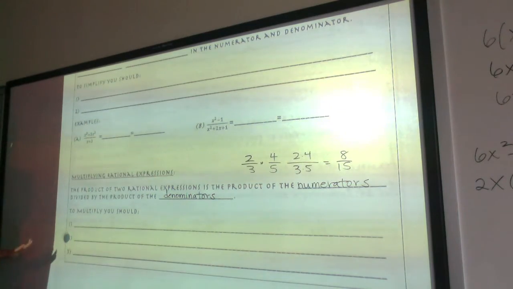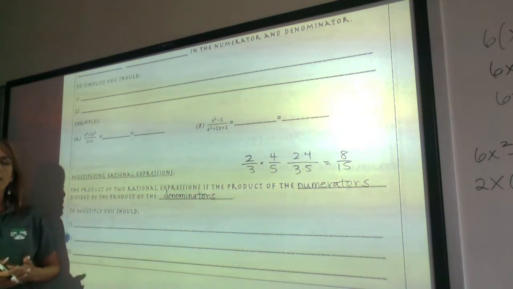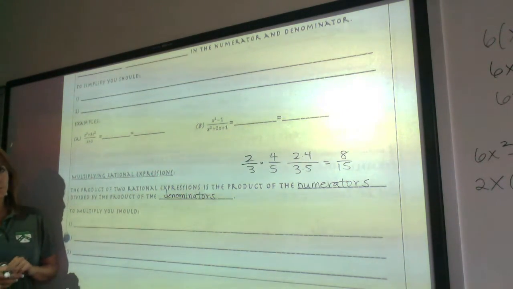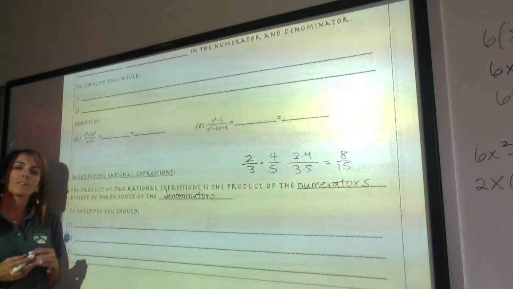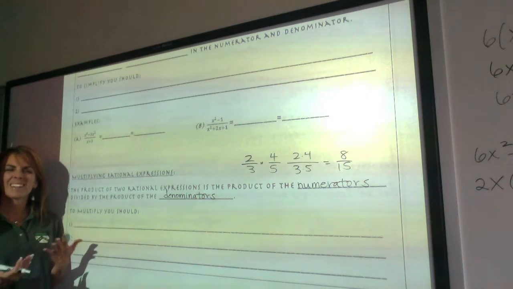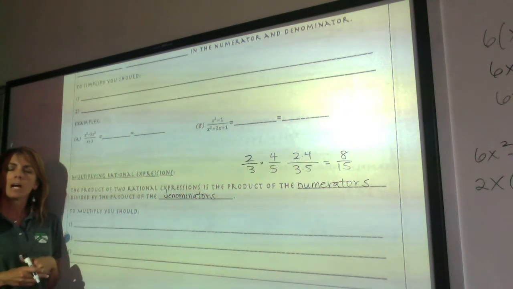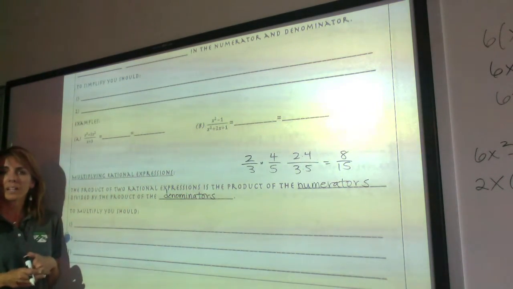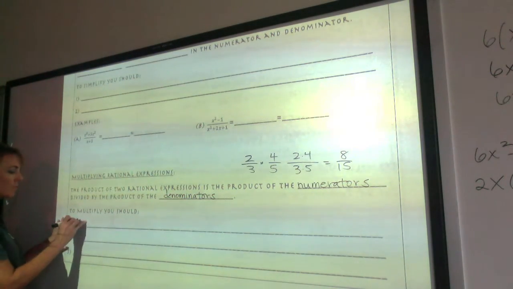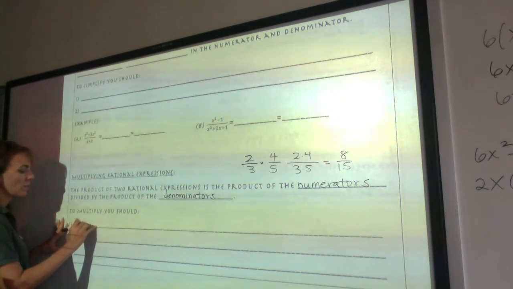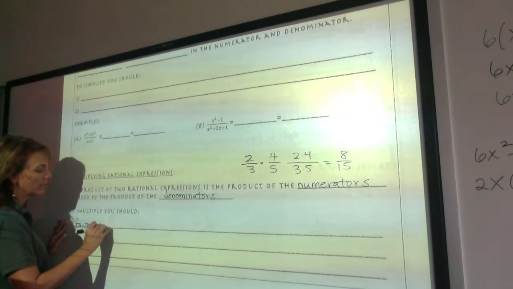All right. And to multiply, when we've got rational expressions, often it's nice to be able to see all the factors, because then we can cancel things and not have to actually multiply things that would have canceled anyway. So the first thing we're going to do is we're going to factor the numerator and the denominator.